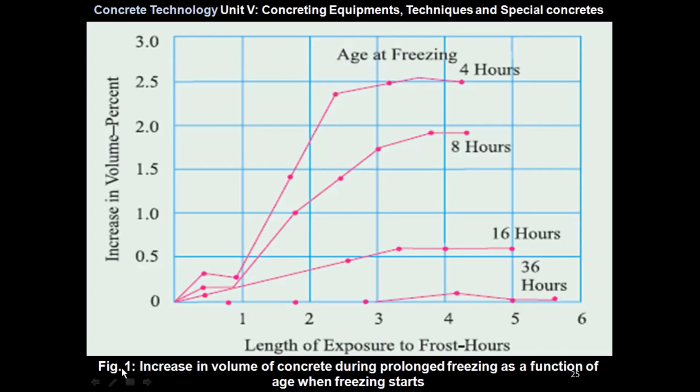So here we are seeing figure 1, increase in volume of concrete during prolonged freezing as a function of age when freezing starts. On the horizontal axis we can see the length of exposure of frost in hours, and on the vertical axis the increase in volume in percentage.